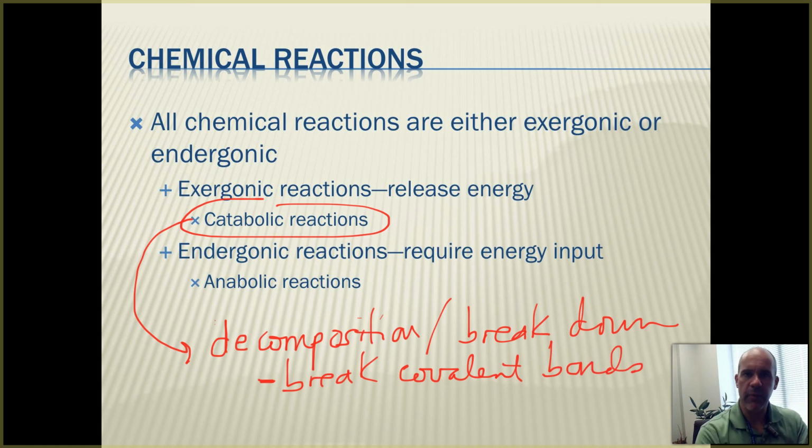All right, so what happens when you have a larger molecule, like let's say you got 2 glucose sugars that are bonded together. If you break that bond between them, I know it's kind of abstract to think about, but covalent bonds store energy. Covalent bonds store energy. Write that down.